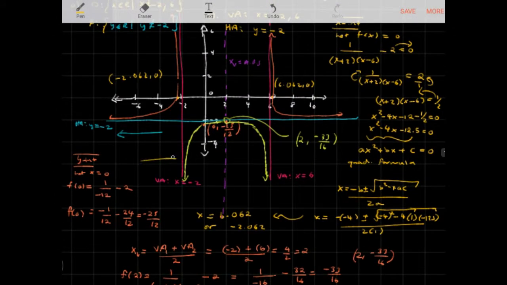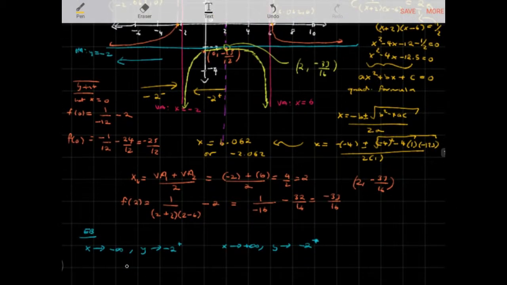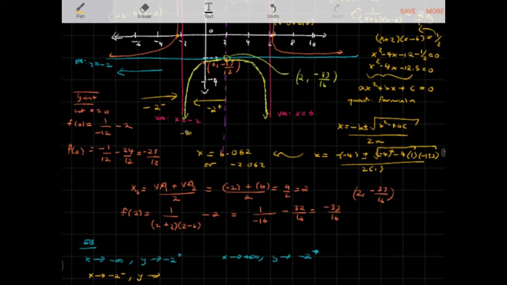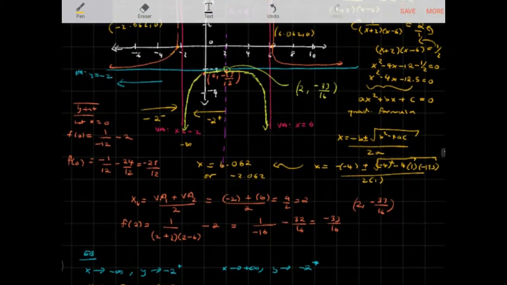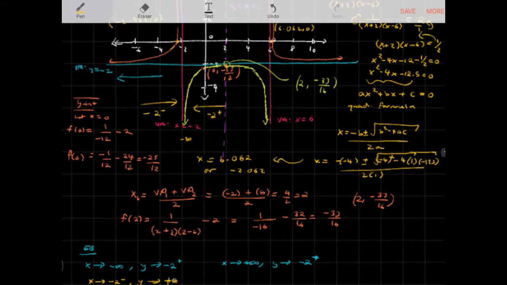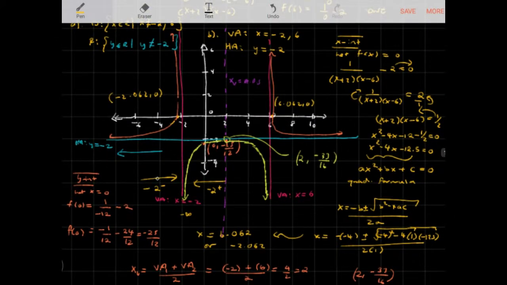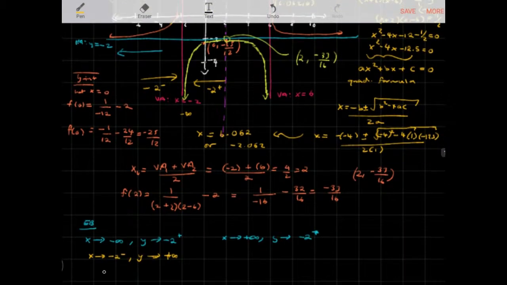Then let's approach the vertical asymptote. I'm going to use a different color. You can approach the vertical asymptote from the left side of negative 2 and the right side of negative 2. If I approach the vertical asymptote from the left side of negative 2, y approaches positive infinity, because as we go this way, the graph goes upwards.